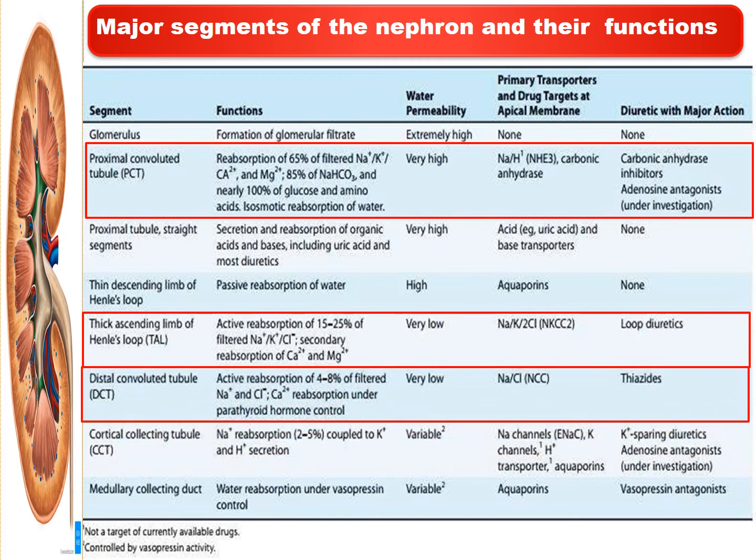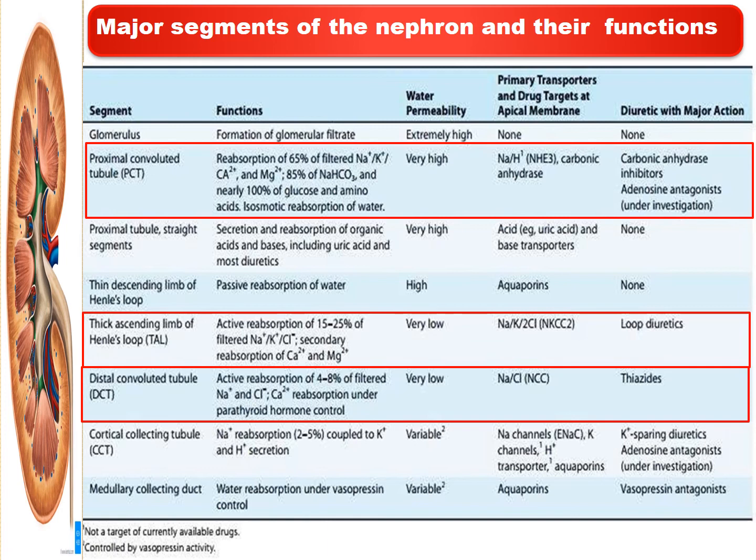Then the third one is the distal convoluted tubule. This functions in the reabsorption of 4 to 8% of filtered sodium and chloride. In addition to this, calcium reabsorption under parathyroid hormone control also takes place.